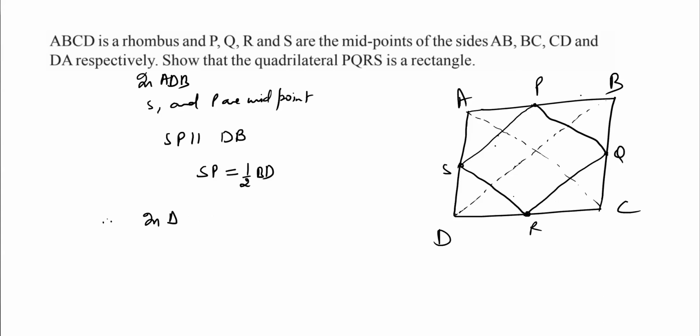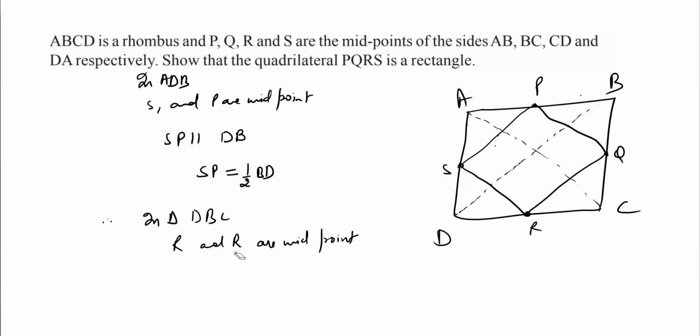Okay, now what is being given to you? That DC is a midpoint of BC. So in triangle DBC, R and Q are midpoints. So what would happen, Alvina?